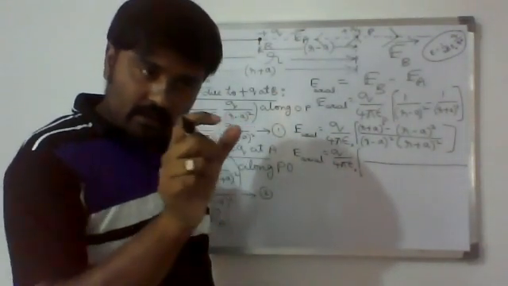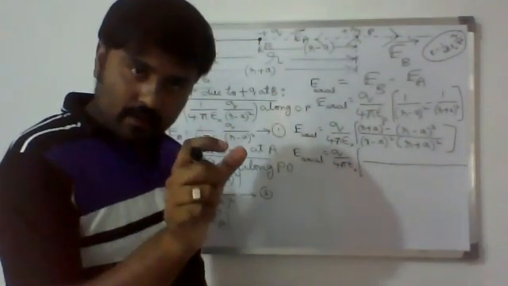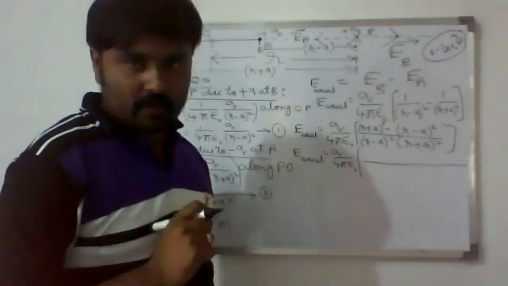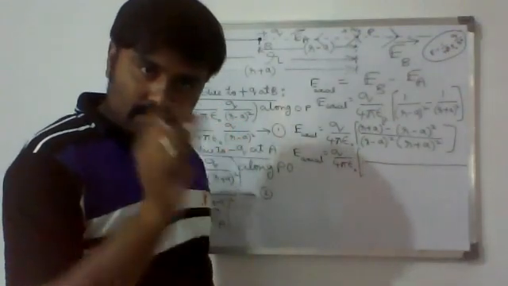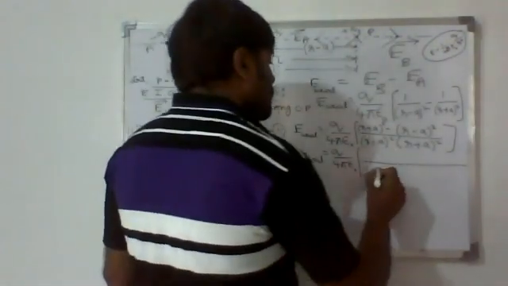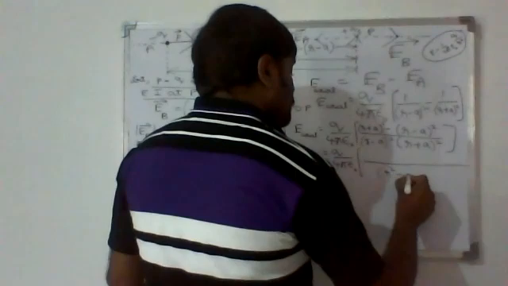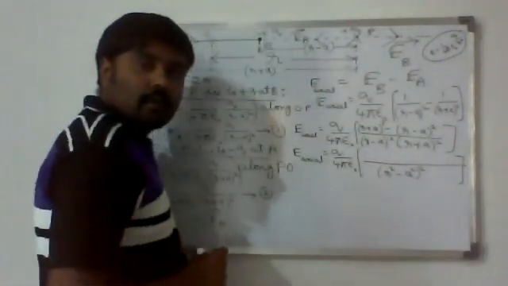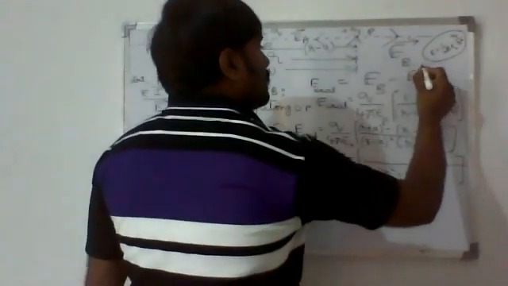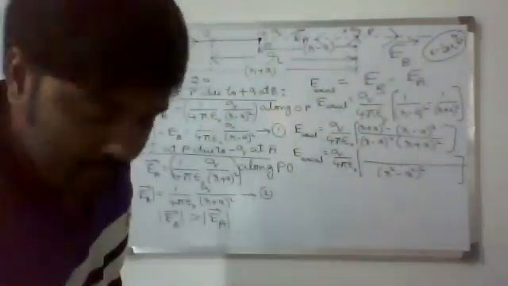Again, (R minus a) into (R plus a) is R square minus a square. R square minus a square into R square minus a square is (R square minus a square) whole square, right?